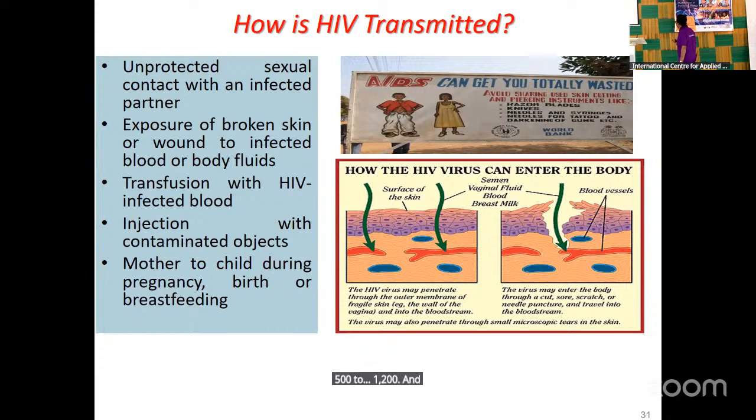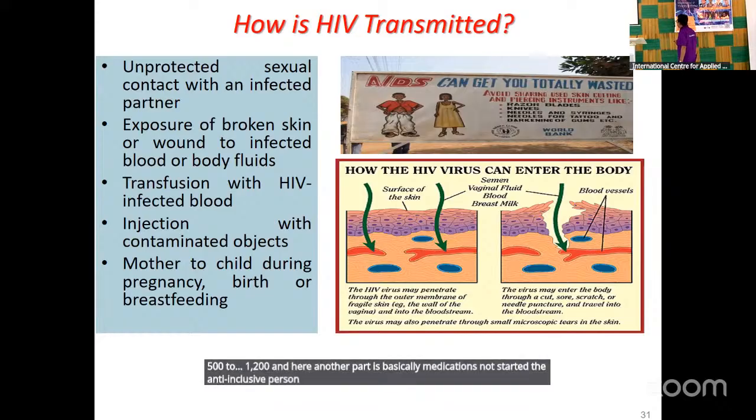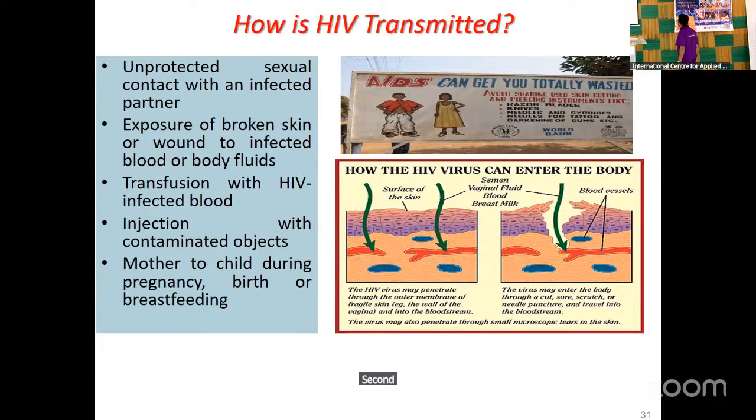And if preventive medications are not started, the HIV infected person is at risk for manifesting secondary infections and death. Most deaths occur with CD4 counts below 50. So all these points are very much required to know about clinical latency.